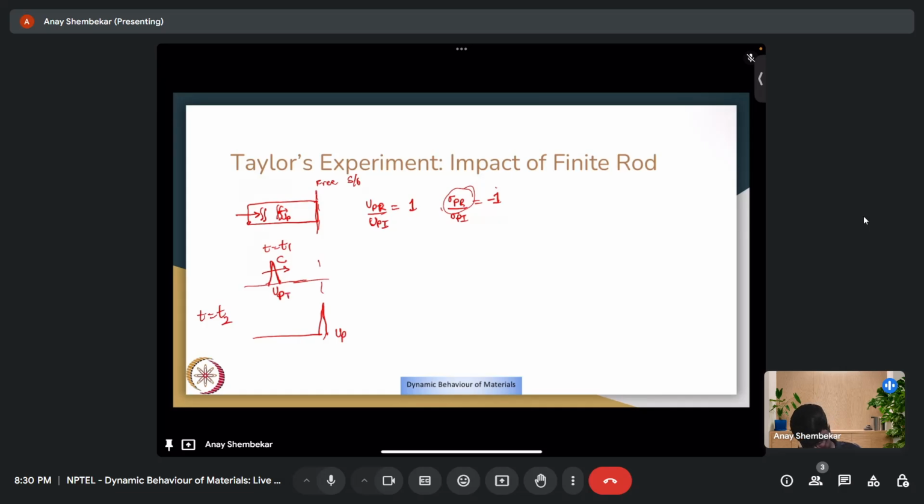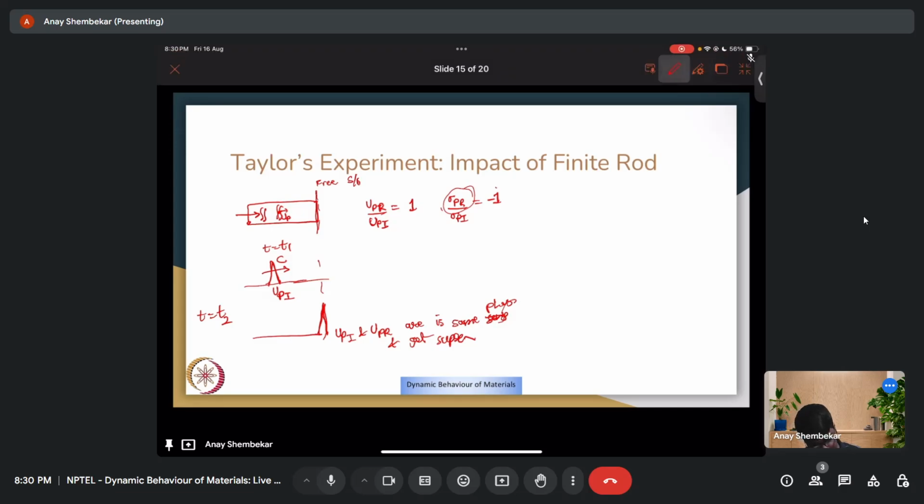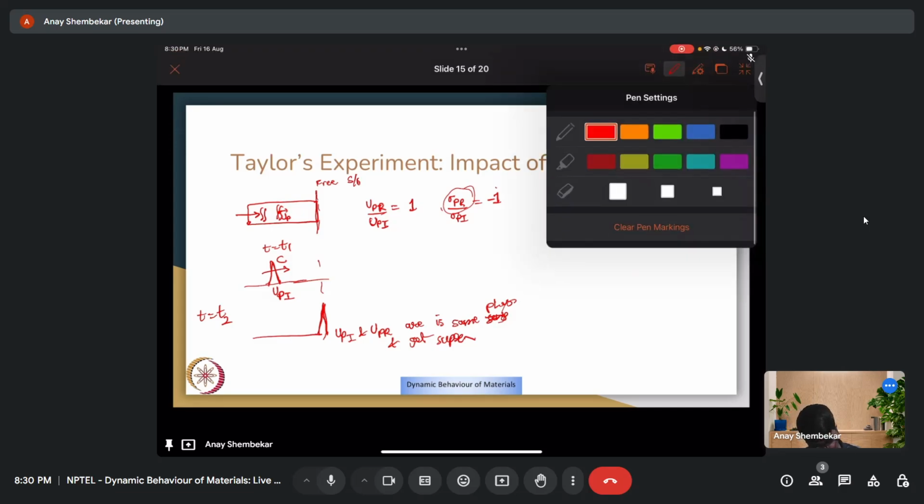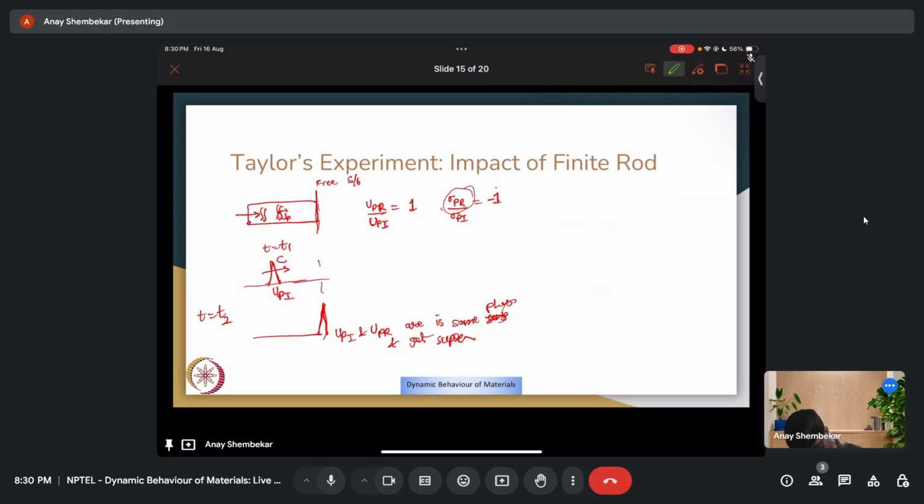So UPI and UPR are in the same phase, same sense, and these two basically get superimposed. I'll draw the other one with green.